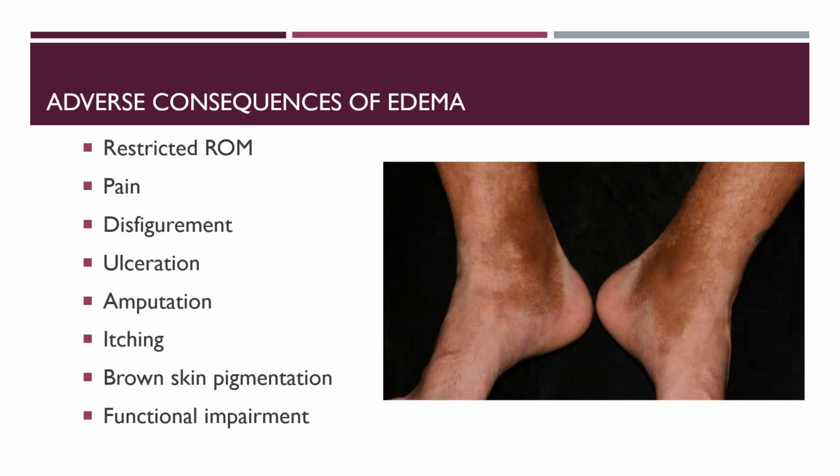Okay, so let's look at some of these adverse consequences of edema. And do you remember what this is called? Hopefully you do. Second time around, you're seeing it again right there.